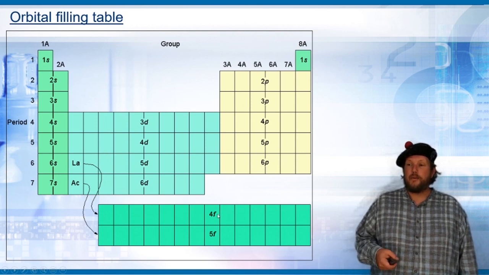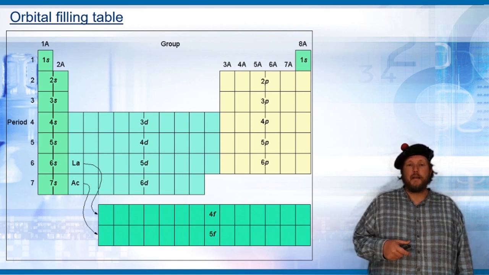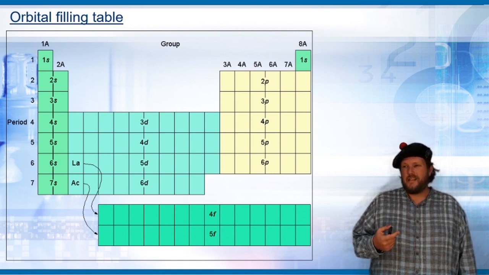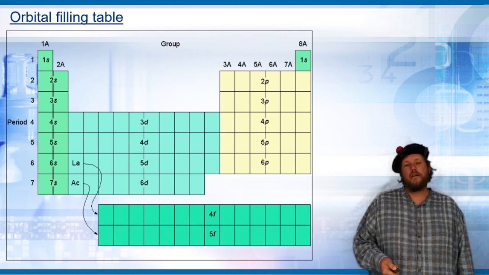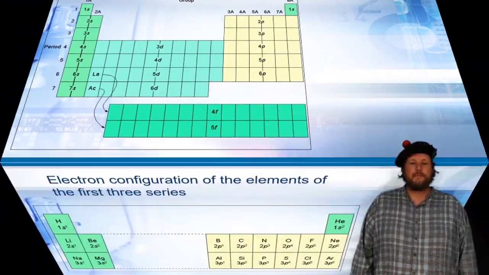What that tells you is that the electron configuration, which we're going to be learning about in just a couple of minutes, is going to end typically with, if it's in this row, 4d. If it's in this row, it's going to end in 4f, and so on.